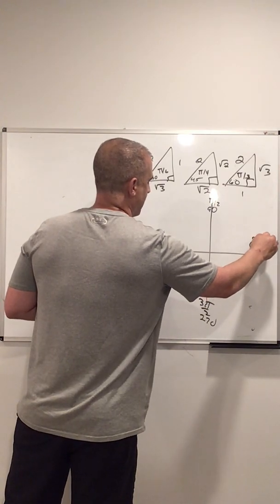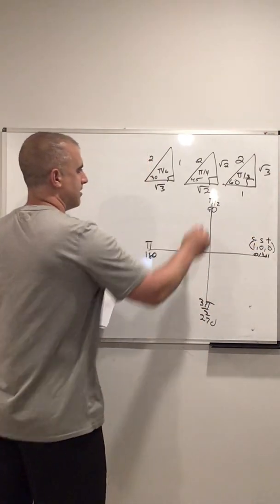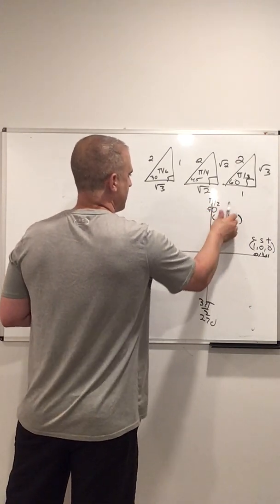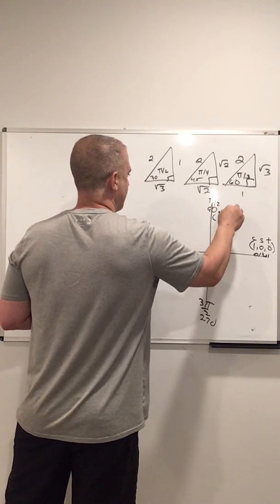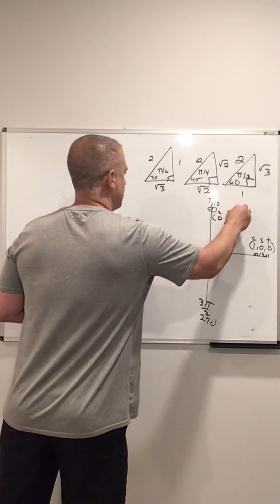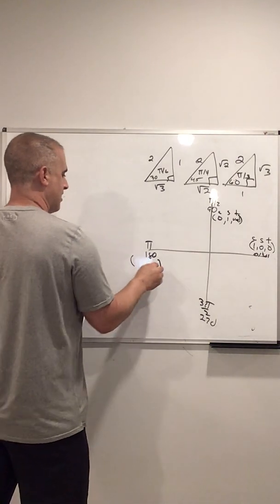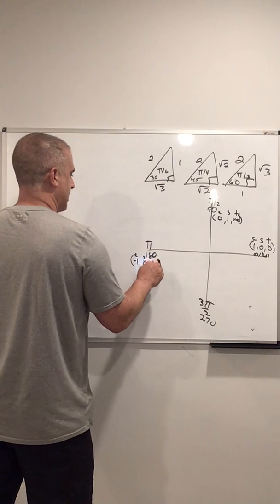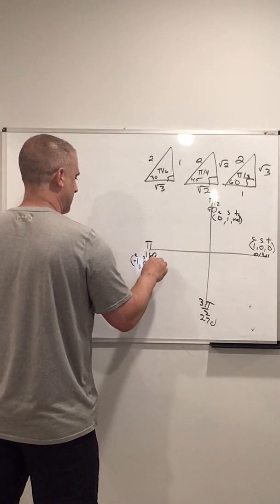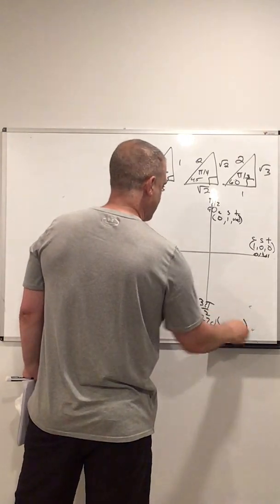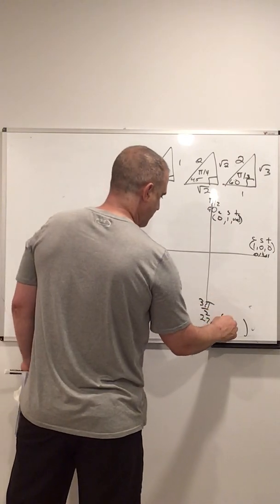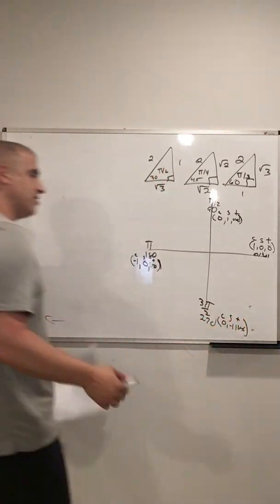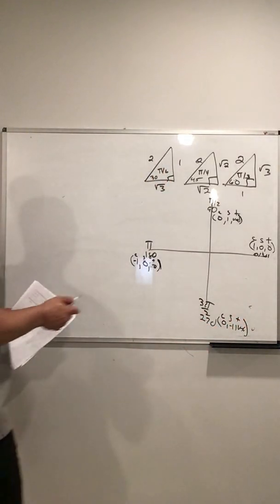For this one, it would be 0 for cosine, 1 for sine, undefined for tangent. Over here, it would be -1 for cosine, 0 for sine, and tangent would also be 0. And for this one, cosine would be 0, sine would be -1, and tangent would be undefined. These will help you as you get to the other parts.